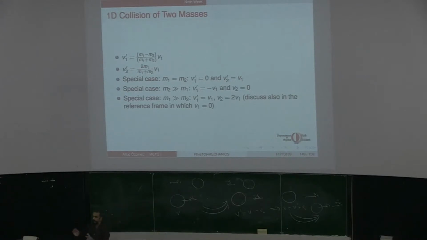So do you understand that in my reference frame, when I'm moving with the bowling ball, after the collision, the table tennis ball is moving in that direction with velocity v1. I'm moving with constant velocity v1, and the table tennis ball is also moving with velocity v1. So what does that mean?